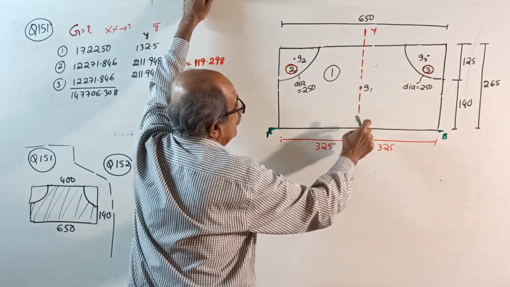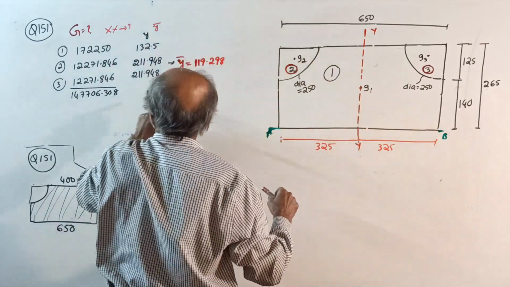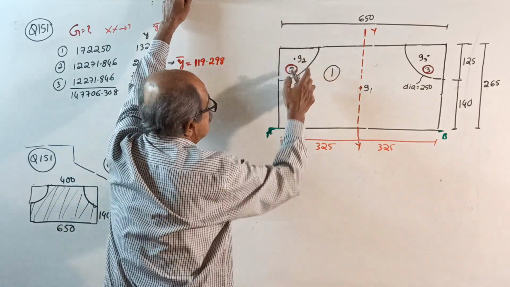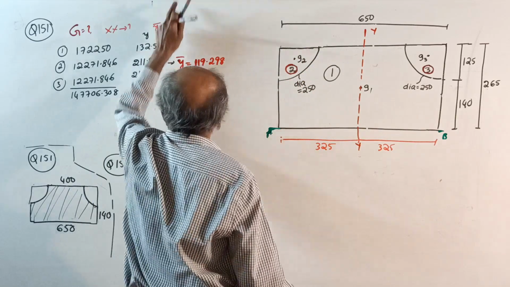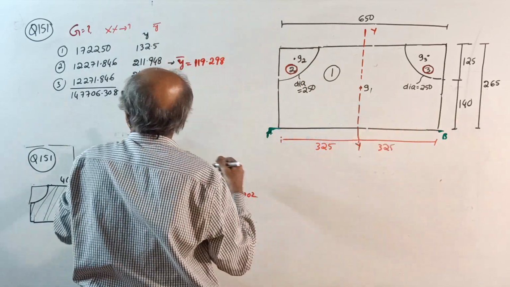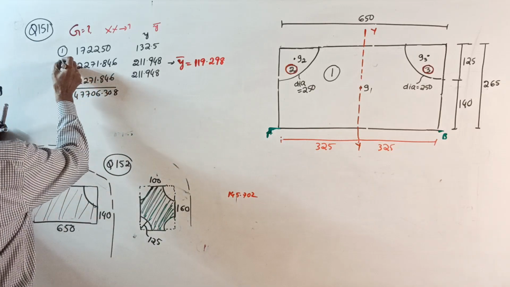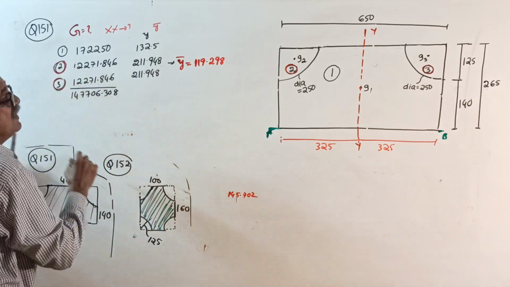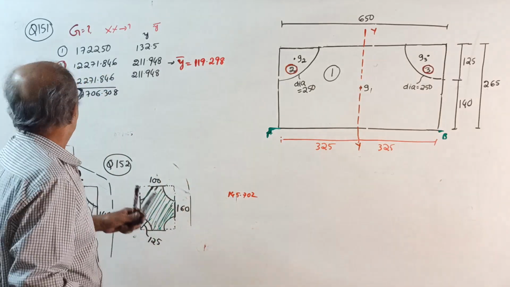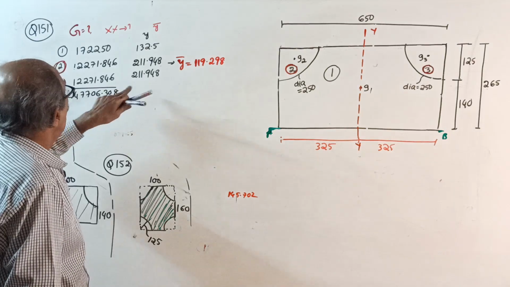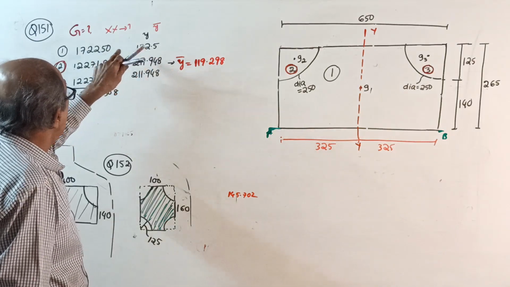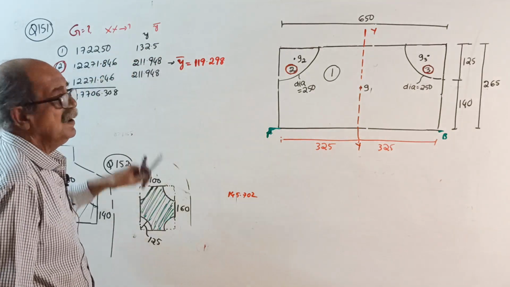Y1, half of 265. Y2, 265 minus 2d by 3 pi. Y3 also same. Remember, 2 and 3 are cut out. Therefore, total area equals A1 minus A2 minus A3. Y bar equals A1 Y1 minus A2 Y2 minus A3 Y3.